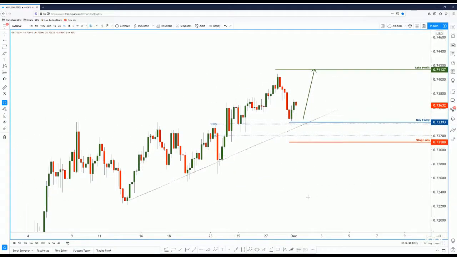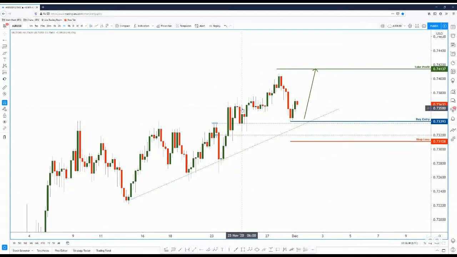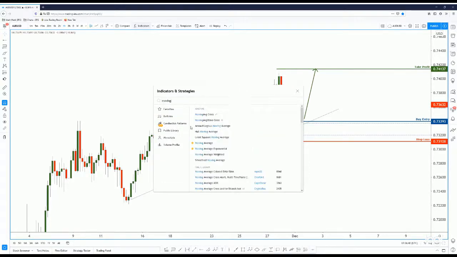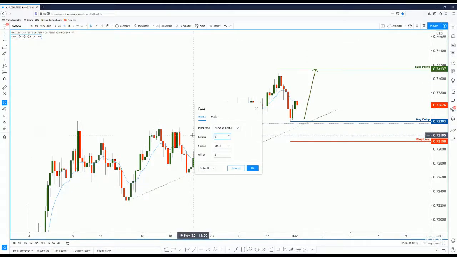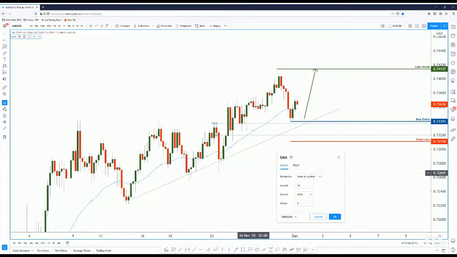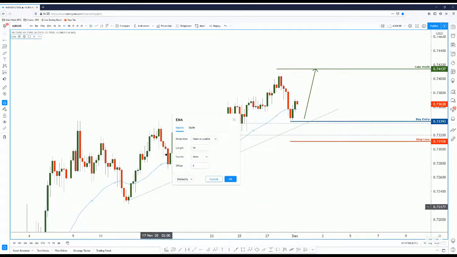Last but not least, we can include a moving average to serve as a final nail in the coffin confirmation for the trend of the trade. 9 is too sensitive. Normally I use a Fibonacci number such as 21 or 34. I'm looking for a nice Fibonacci support level for the moving average that follows the trend nicely.